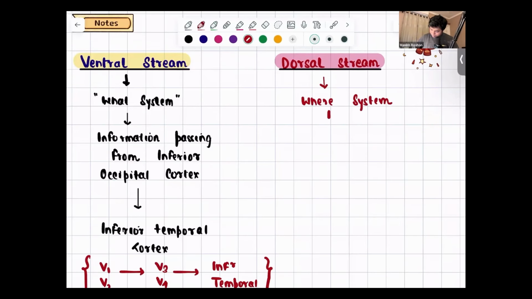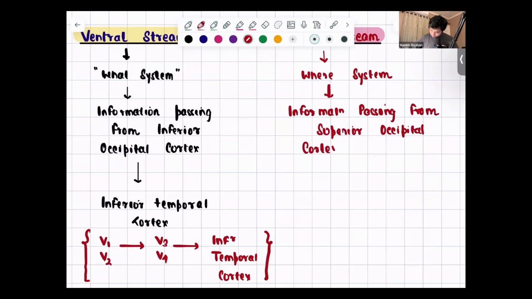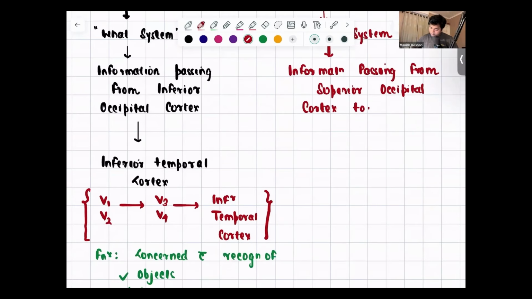Information is passing from the superior occipital cortex to the parieto-occipital cortex.